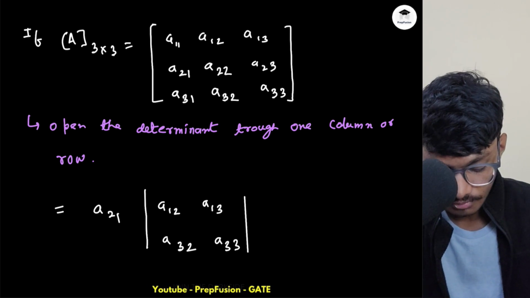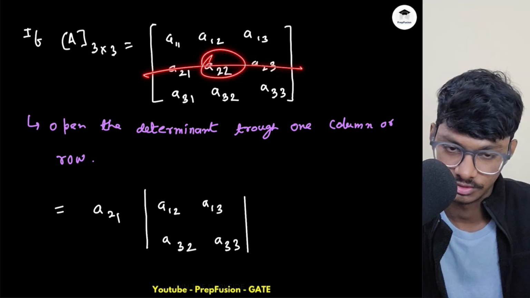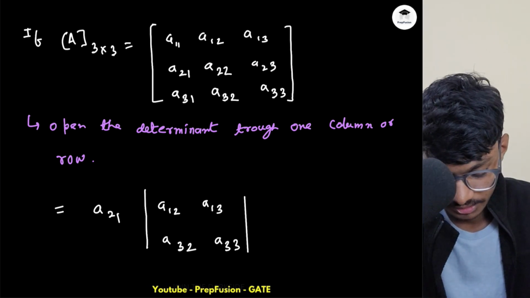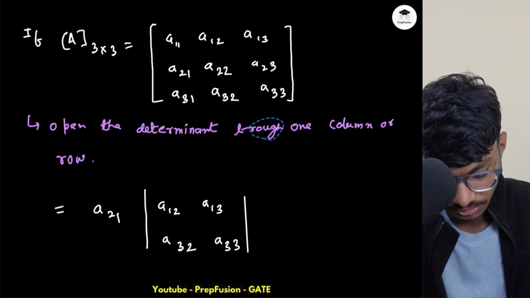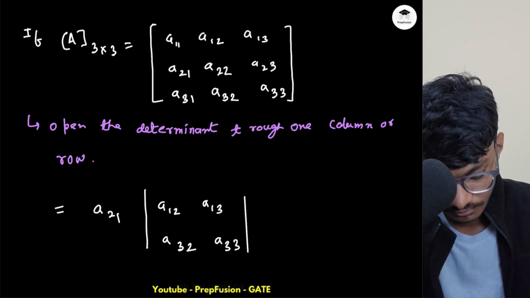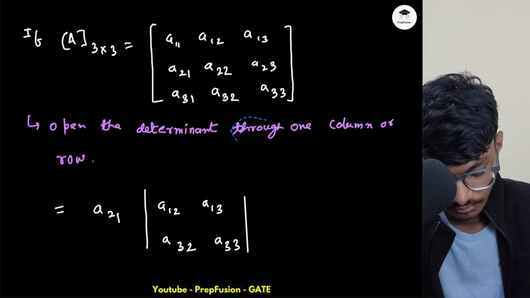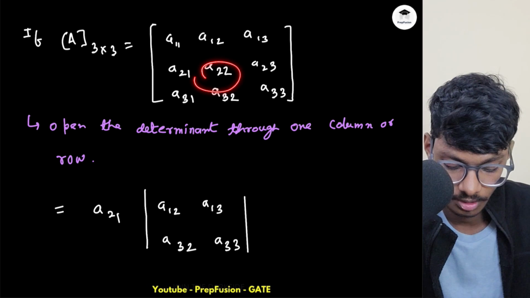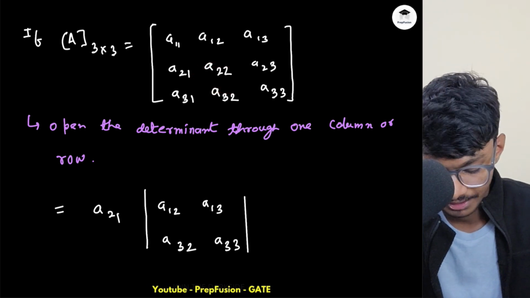Now again I will take the second element of this row. I'm opening about the row. Okay, through spelling is wrong, apologies. Okay, now I'm opening for this second element, so I will write this second element.